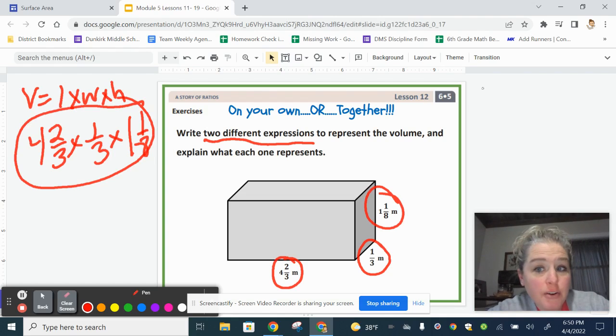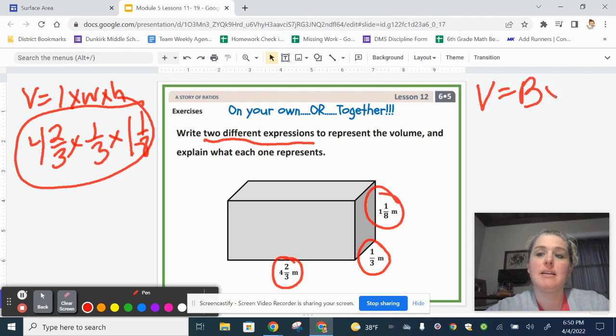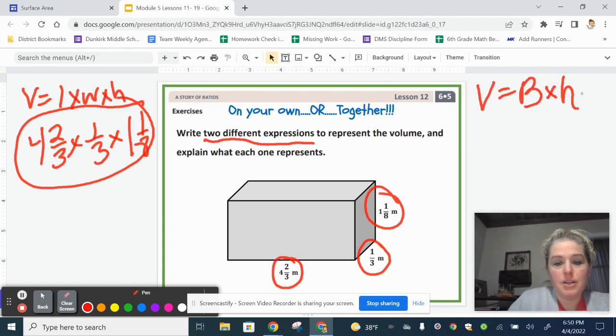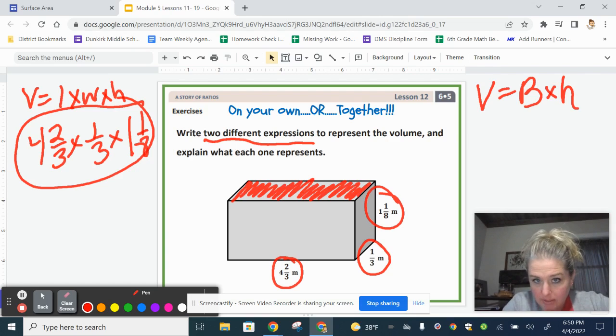I know that my other equation, so this is the other option, volume equals the area of the base times the height. So I know that this could be one of the bases, which is also right below it.